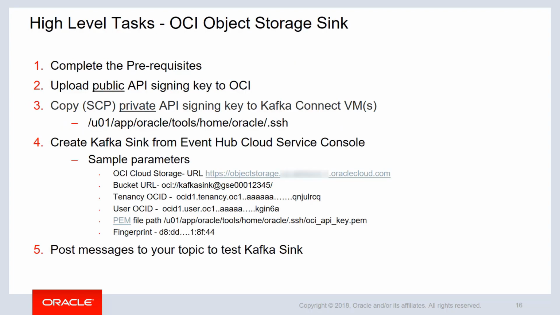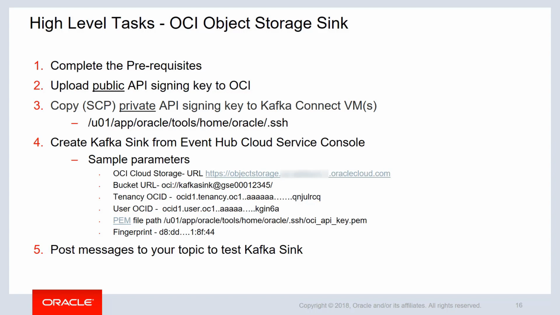Here are the high-level steps when you are creating the Oracle Cloud Infrastructure Object Storage Sync. First, make sure you have completed all the prerequisites. Then, upload the public API signing key to Oracle Cloud Infrastructure. You can copy the private API signing key to Kafka Connect VM in the directory shown below.